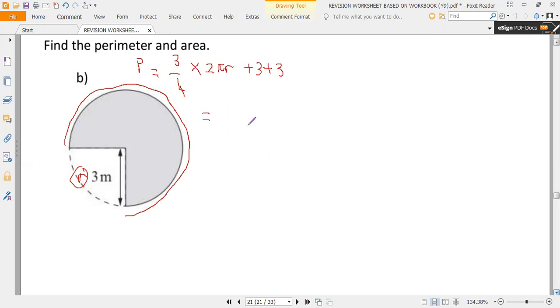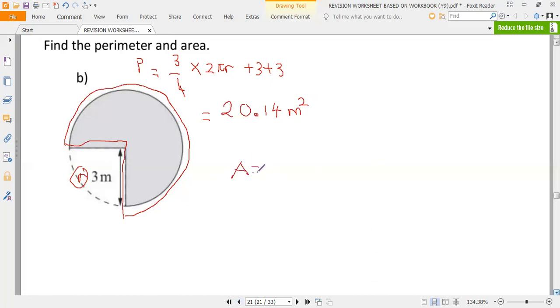I make it 14.14 plus 6, 20.14. 20.14 meters, including this plus 6, don't forget.